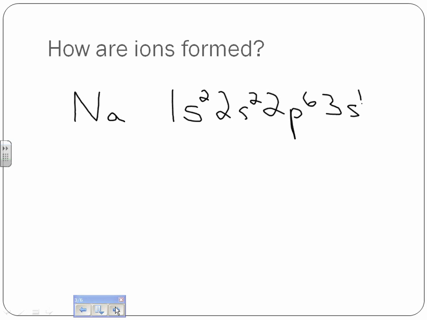That last bit of information, the 3s1 at the end of the electron configuration, means that the element sodium in its neutral state contains one valence electron.